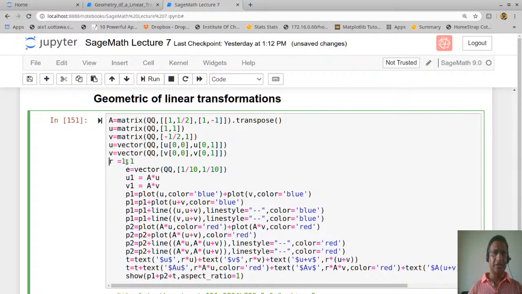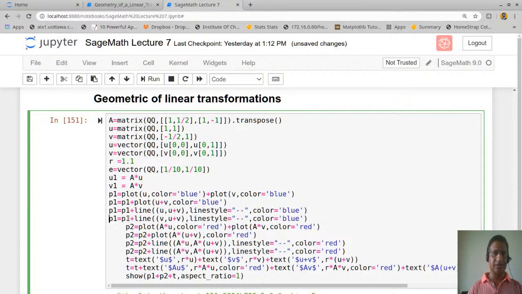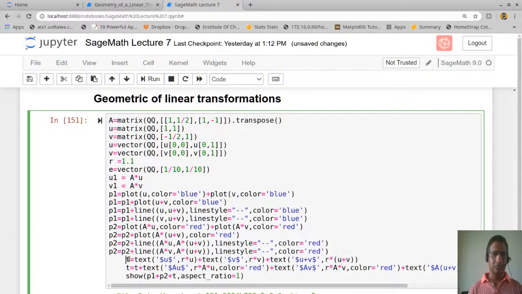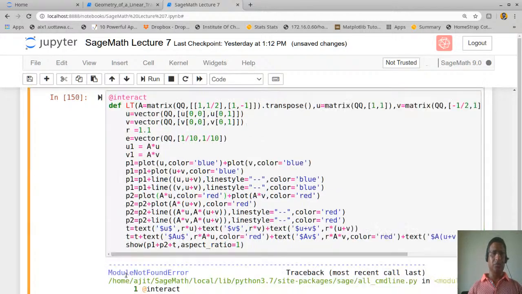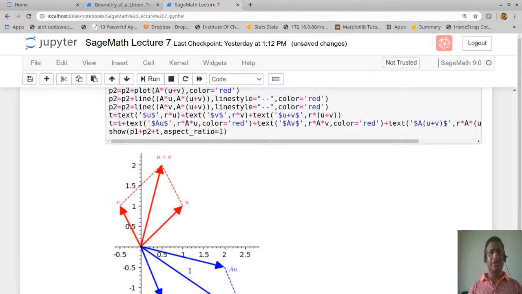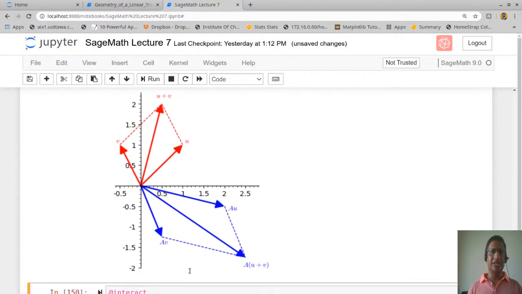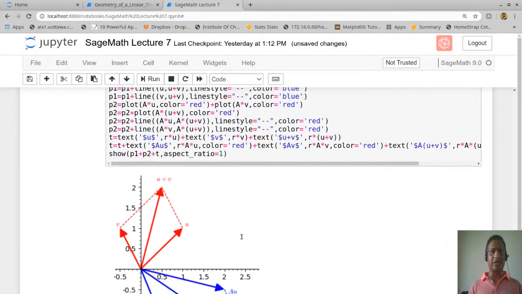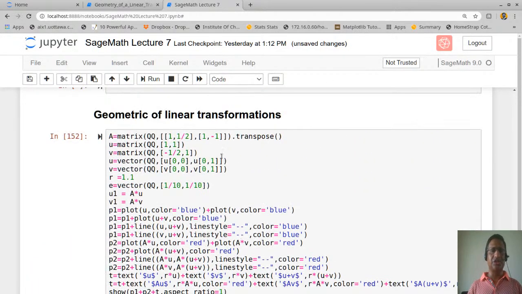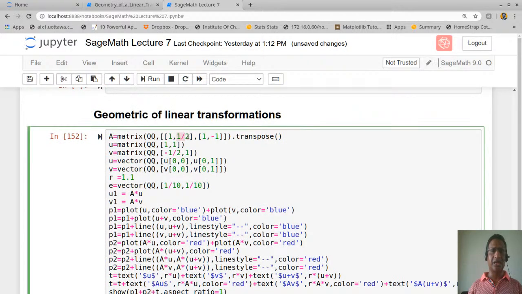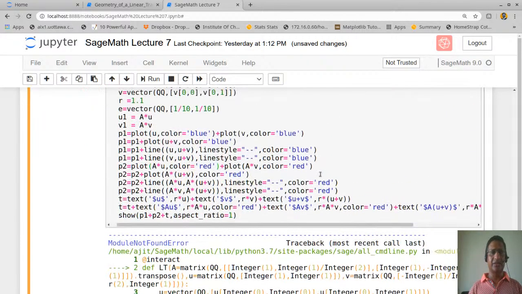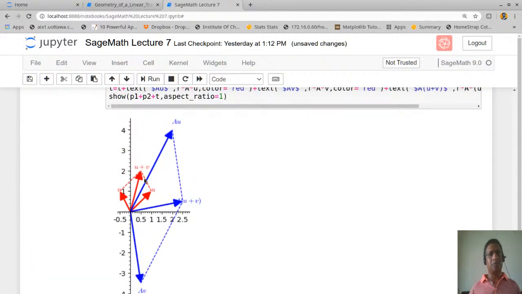In Python it is treated as indentation, so that is why you have to remove these things. Okay, still right. So this is the plot, and you can see that the same code is just put inside the interact, so it is not very difficult. Okay, and you can now change whatever vectors you want, whatever matrices you want. Let me make it here 5, and this is how these vectors change, right?